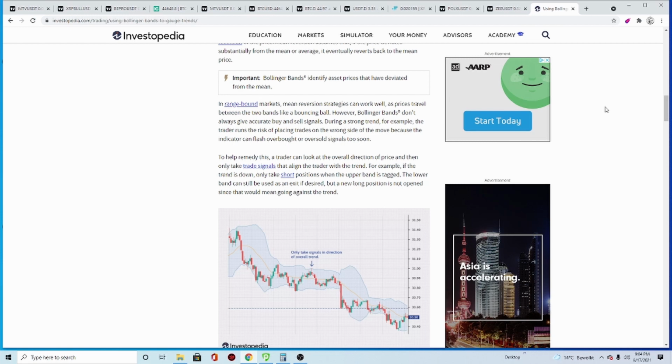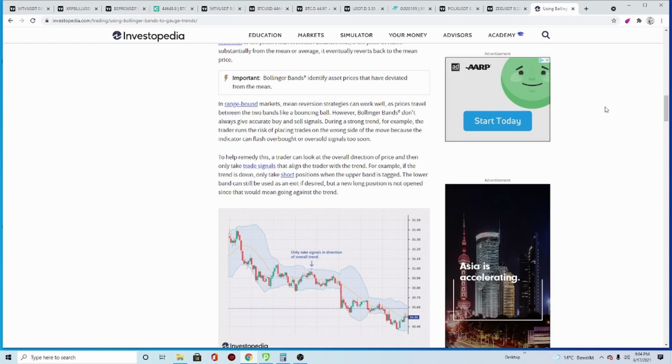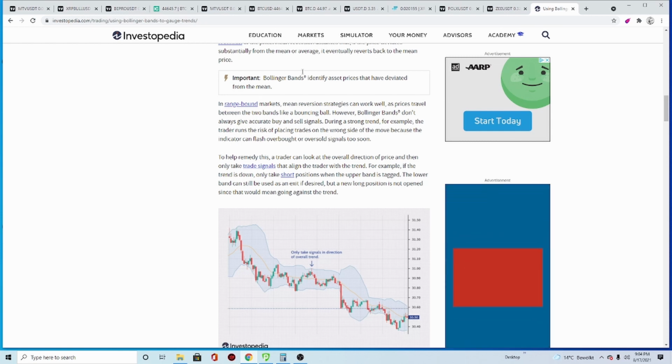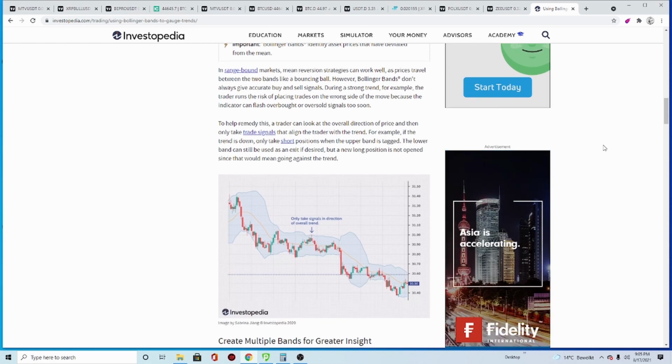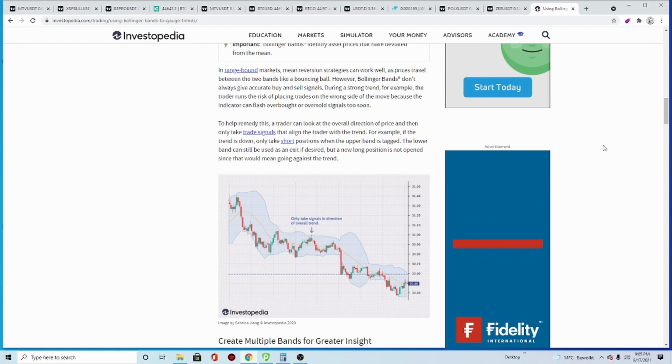However, Bollinger Bands don't always give accurate buy and sell signals. During a strong trend, for example, the trader runs the risk of placing trades on the wrong side of the move because the indicator can flash overbought or oversold signals too soon. To help remedy this, a trader can look at the overall direction of the price and then only take trade signals that align the trader with the trend.